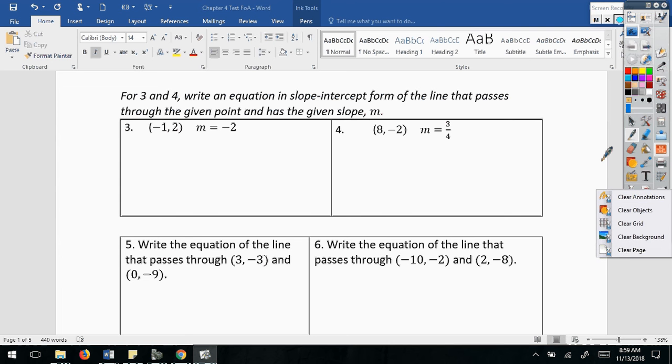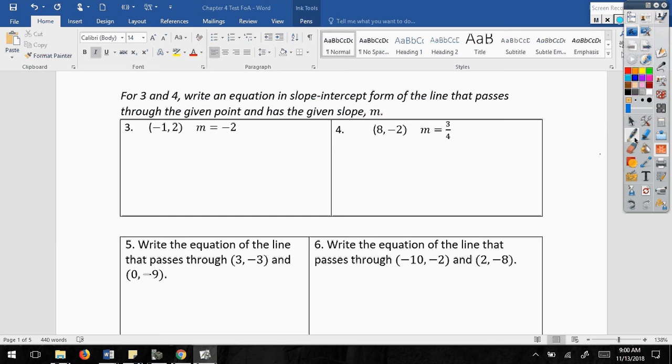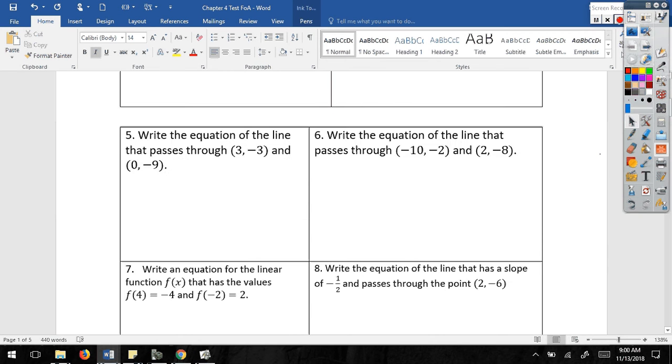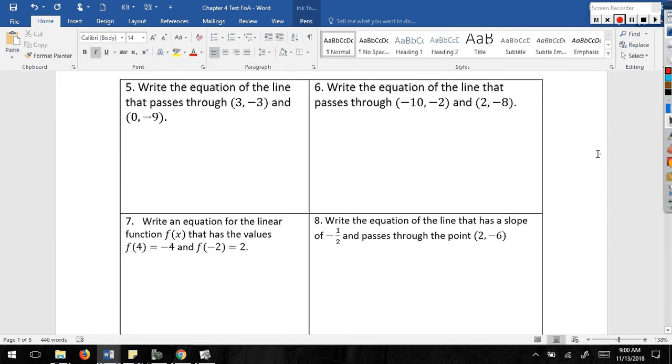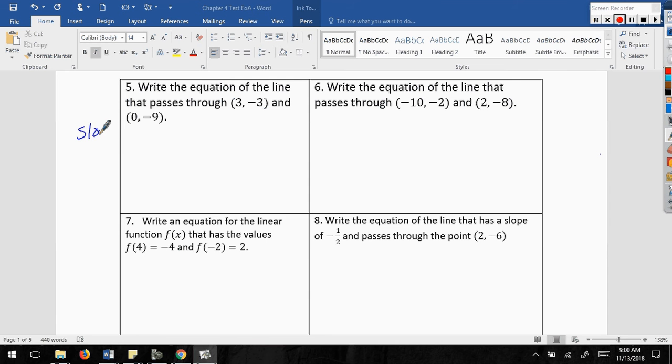There we go. All right, let's do numbers 5 and 6. So this time I have the equation of a line that passes through 2 points. So what I want to do, now I have a little more work cut out for me. I have to find the slope and then the y-intercept. Okay, so for the slope, remember I'm doing y2 minus y1 over x2 minus x1.